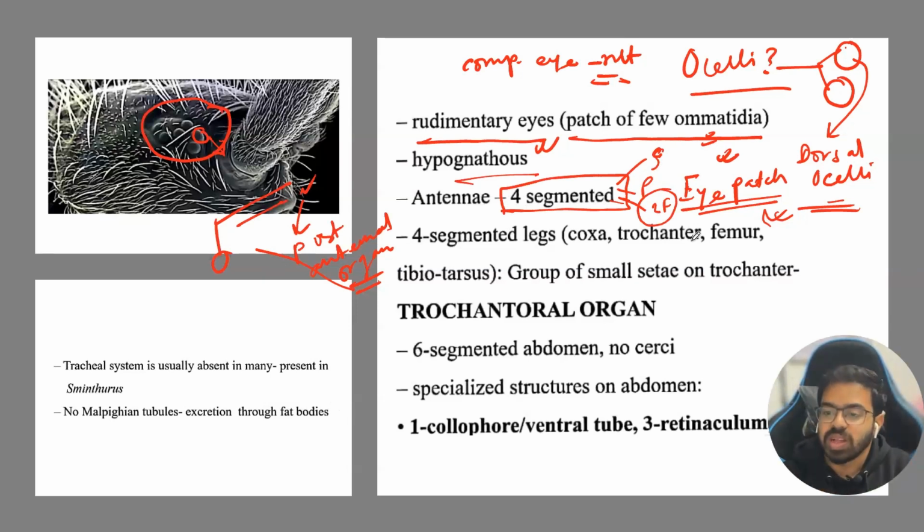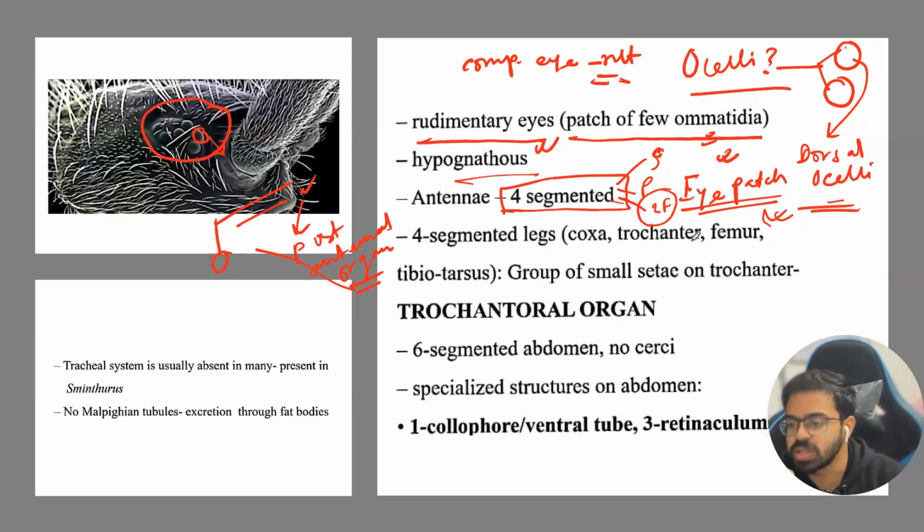These flagellar segments, just for your information, contain intrinsic muscles, which is a very specific thing for these entognaths. Generally, flagellar segments of antenna do not contain muscles, but in case of Entognatha, they do have muscles, except the last flagellar segment.